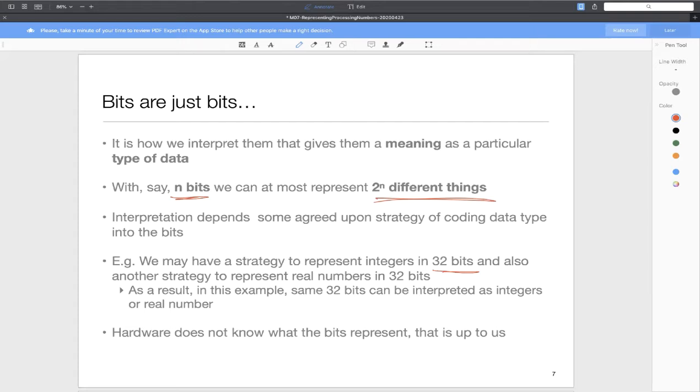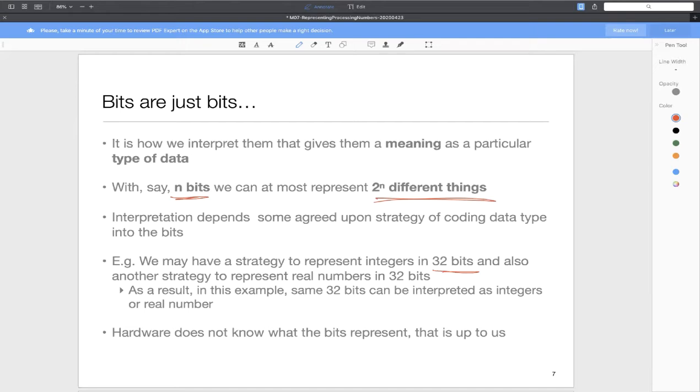The thing to remember is that the underlying logic doesn't know what a bit represents. It's really up to us, right? And in fact, at various times, I can take the same bits and treat them differently. And in languages like C and C++, you can run into some interesting things, right?